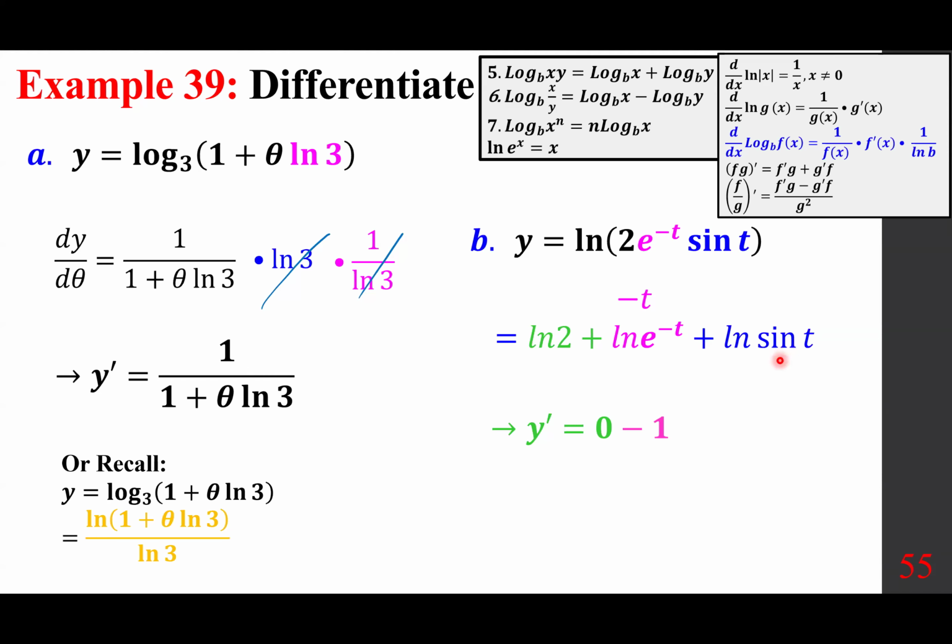Now, ln of sine t, flip this over, 1 over sine t, and then times the derivative of that, cosine t. So this is 0, this is negative 1. Cosine over sine is cotangent. Therefore, y prime is negative 1 plus cotangent t.